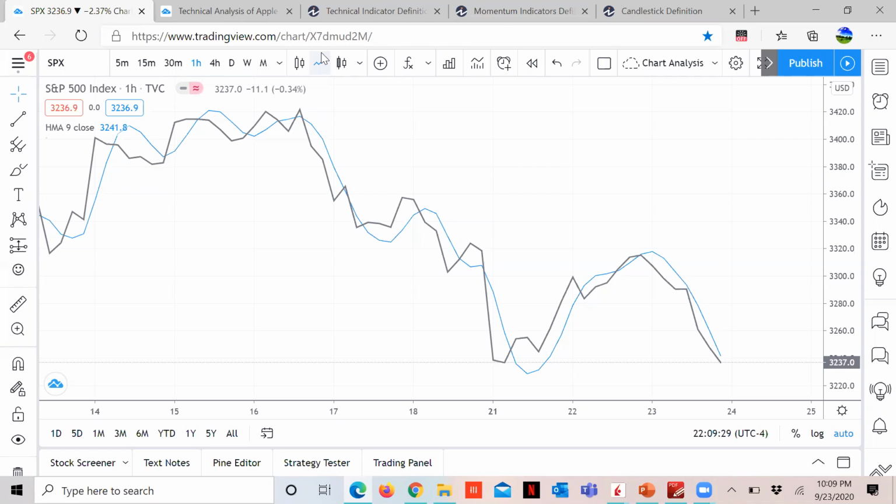But stocks and indexes that are based on solid companies, which have years and years of data, tend to follow these technical indicators.